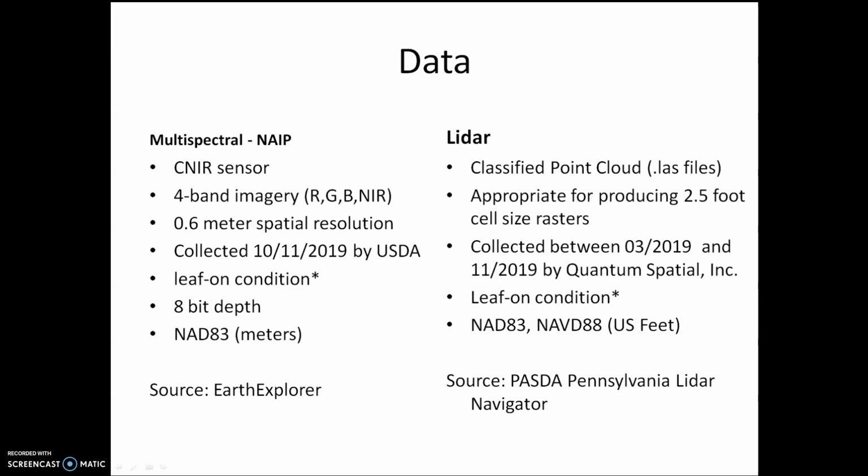I also plan to use LiDAR data, so I found some classified point cloud LAS files. In the metadata, it suggests that it's appropriate for producing 2.5-foot cell rasters, which is what I intend to do with them. It was also collected in 2019.